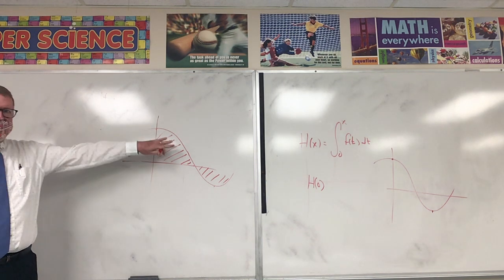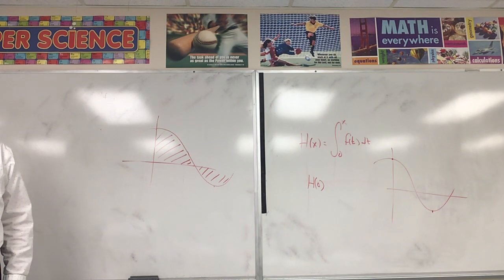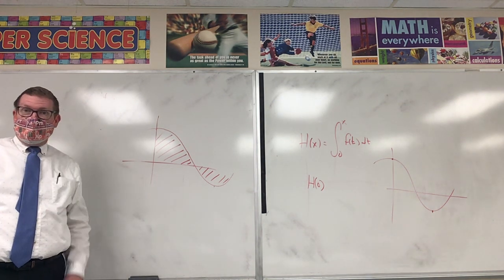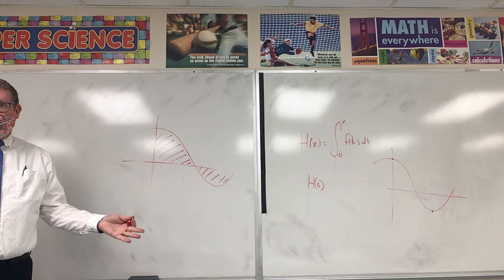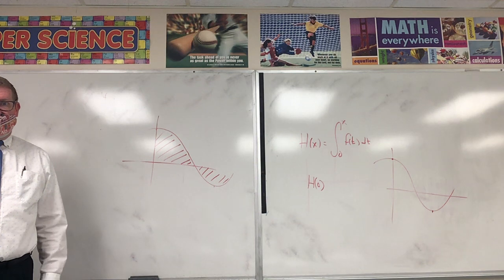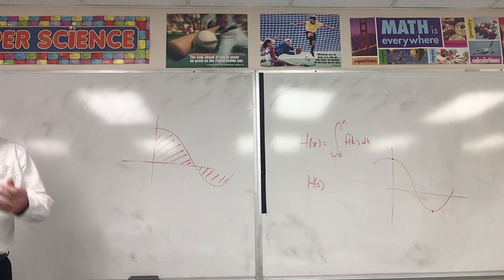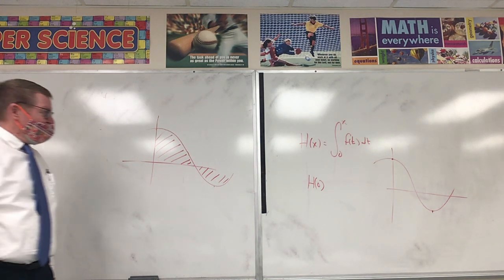Well, if this is my derivative graph, then my tangent line would be my derivative of my derivative, right? Derivative of my derivative means what? Second derivative. So where am I concave up? Where is my second derivative positive?